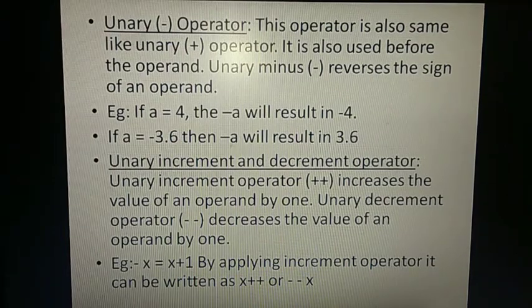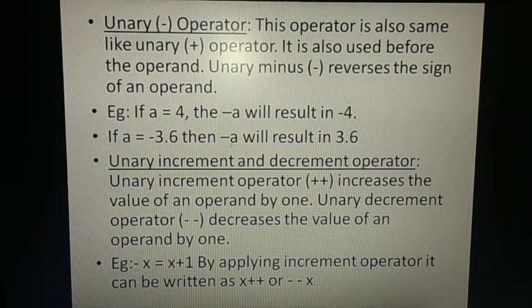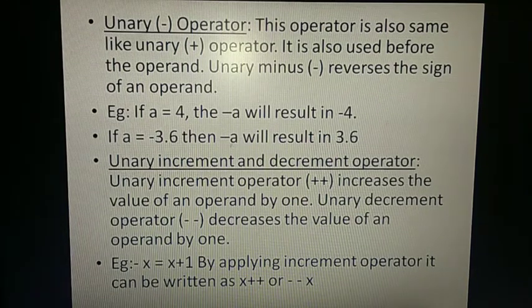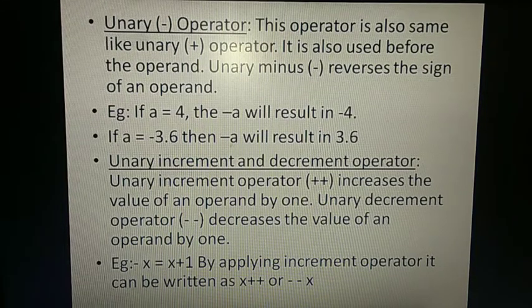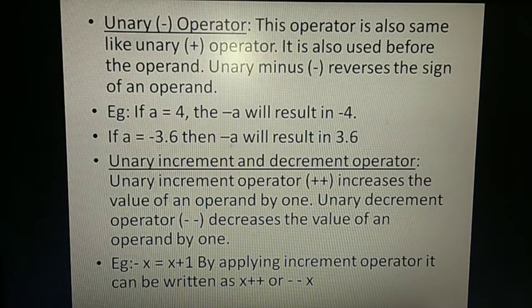Fine. Now here what happens in unary increment or decrement? It increases the value and decreases the value by 1. In your unary increment operator plus plus, the value of an operand is increased by 1, and unary decrement operator minus minus decreases the value of an operand by 1.